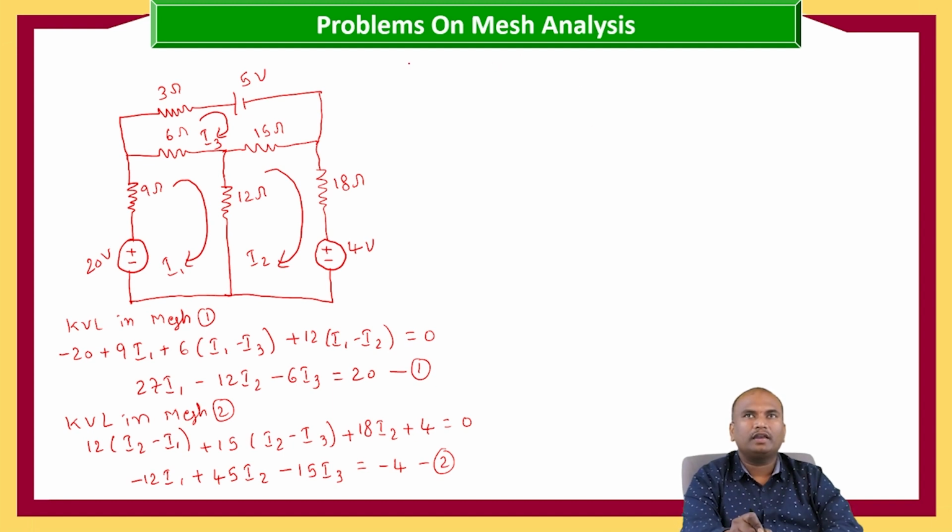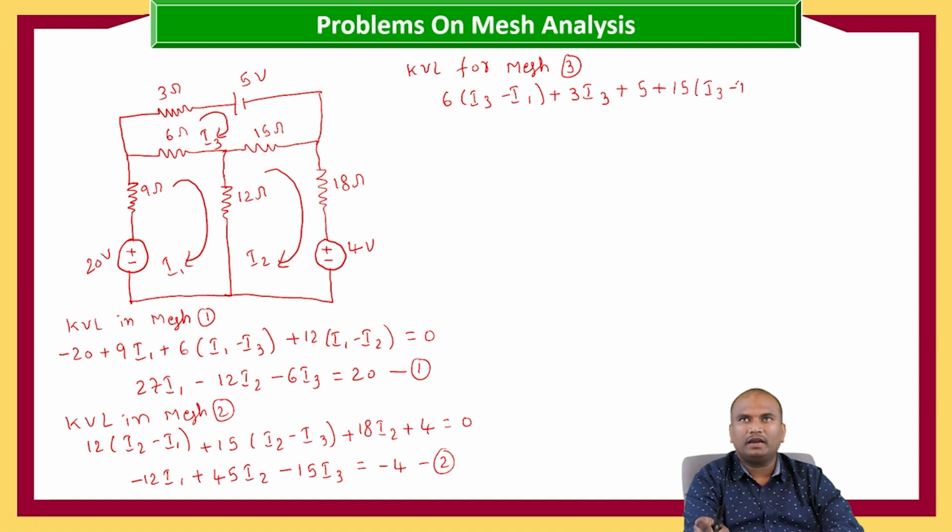Now KVL for mesh 3, that is 6 into I3 minus I1 plus 3 into I3 plus 5 plus 15 into I3 minus I2.